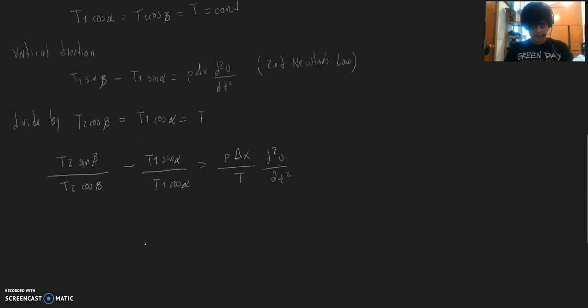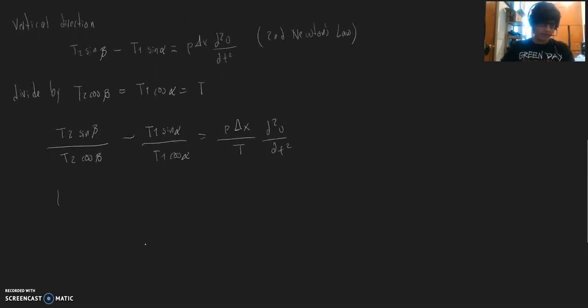And this will give us tangent of beta minus tangent of alpha equal to rho delta x over T times d squared u over dt squared.